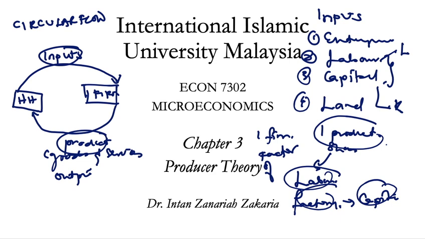So the technology in which this firm is using to produce one single product from many inputs is what we call production function. Please understand this basic first before you go to the mathematical part of it.